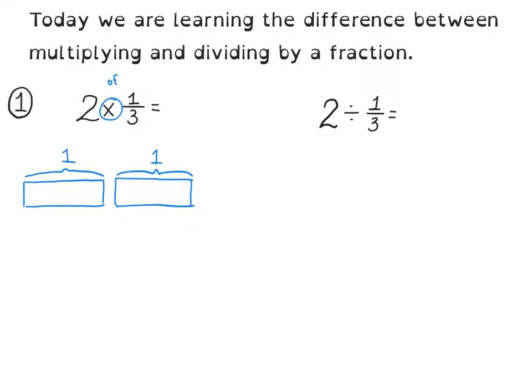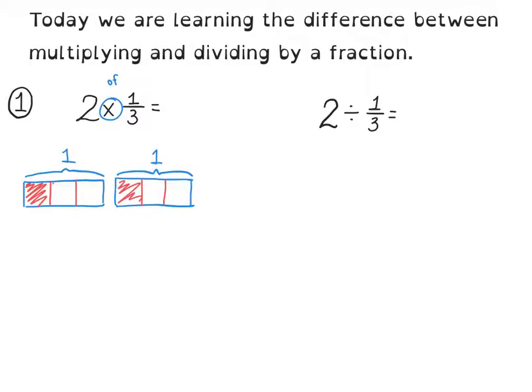I think it makes sense to say 1/3 of 2 because we have our 2 here and we need to know what 1/3 of them are. So we're going to split it into thirds. And we look at it and we say, okay, 1/3 here and 1/3 here.